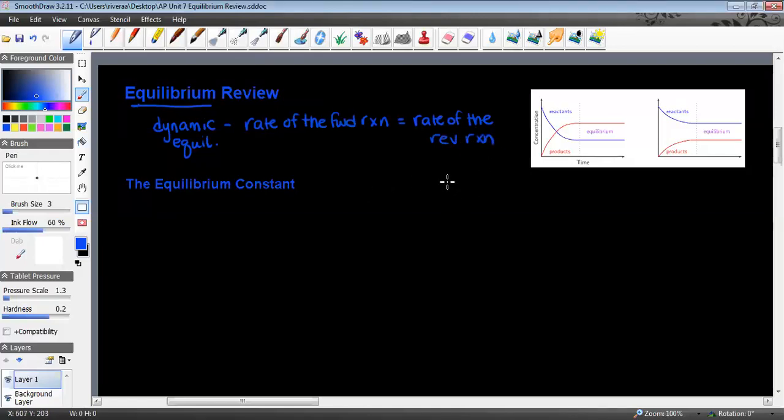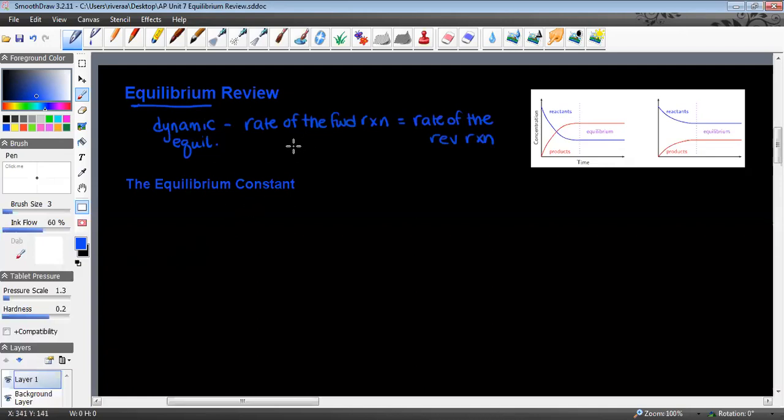So it looks like nothing's changing. Like if reactants are turning into products at the same rate that the products are turning into the reactants, it appears to be static. And it appears that the reaction has gone to completion. But that's not really what has happened.